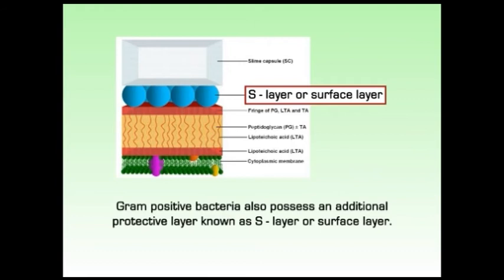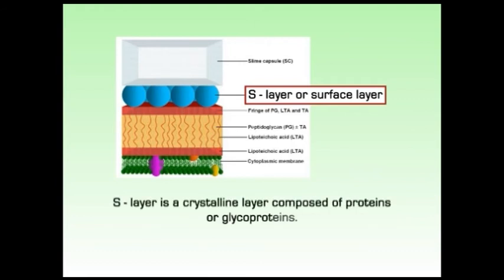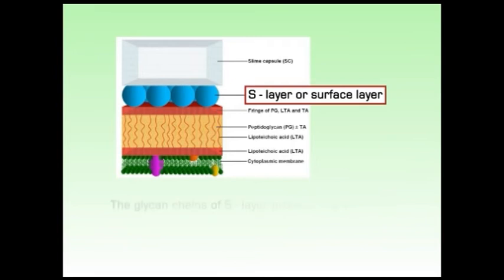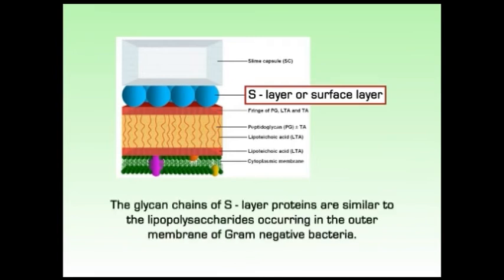that is known as the S layer, or the surface layer. This S layer is a crystalline layer composed of proteins or glycoproteins. The glycan chains of S layer proteins are similar to the lipopolysaccharides occurring in the outer membrane of gram-negative bacteria.